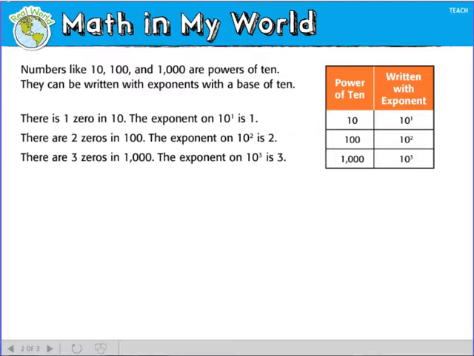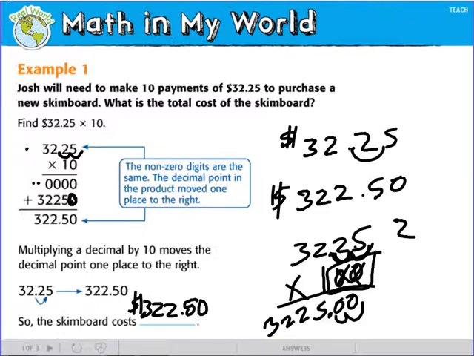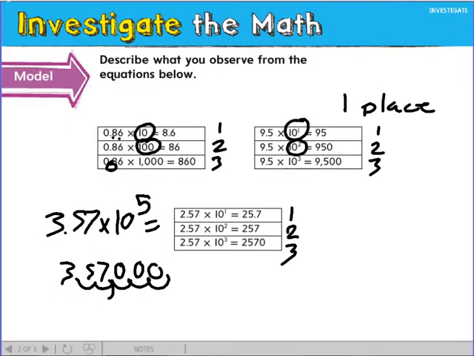Alright. Numbers like 10, 100, and 1000 are powers of 10. They can be written with exponents with a base of 10. Okay? Our chart did this. So if we go back, you can see 10, 10 to the first, 100, 10 to the second, 1000, 10 to the third.